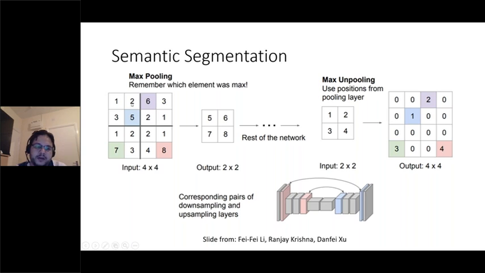In this quarter, we know that this value was kept. So we know which one was kept. Every unpooling has its own counterpart, so there is a symmetry here.